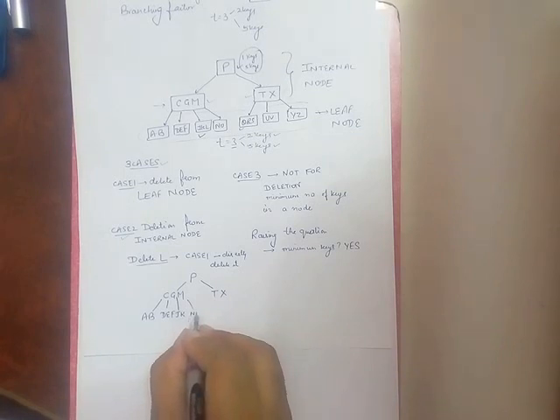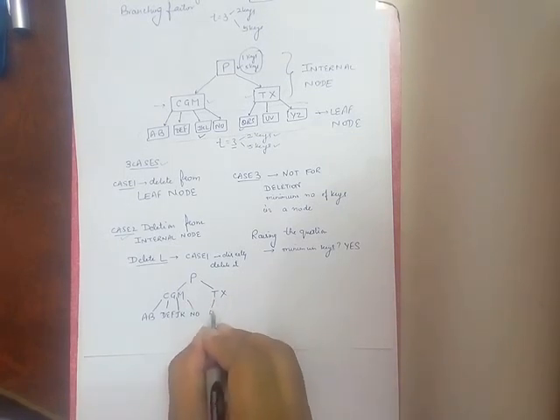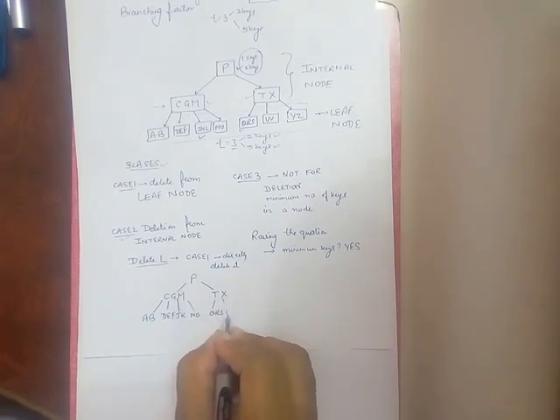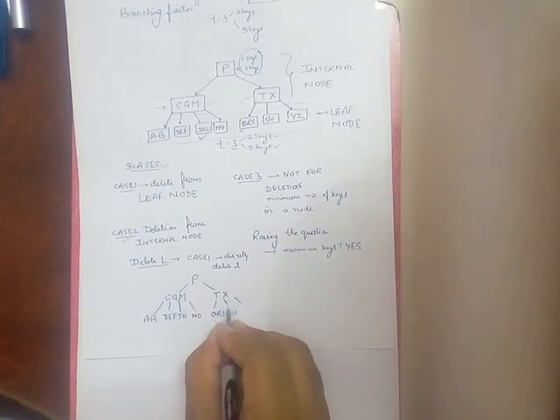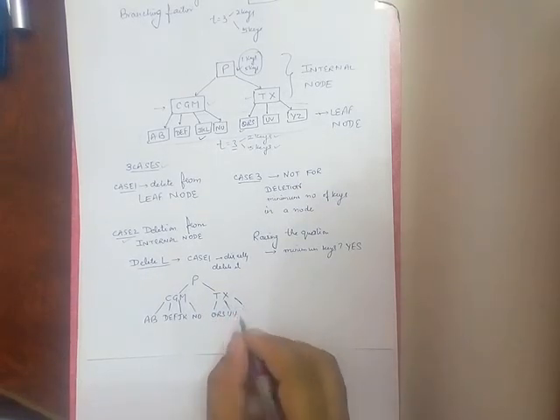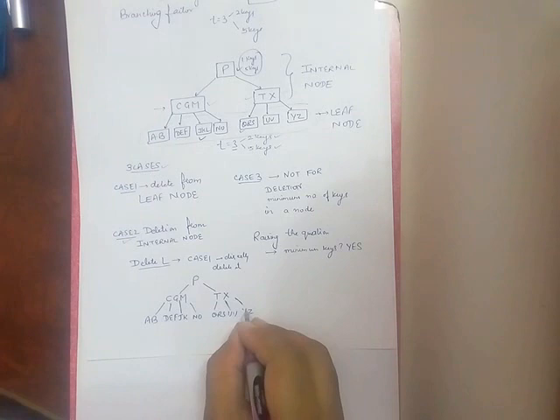Here we have NO, here we have QRS, then UV, and then YZ.